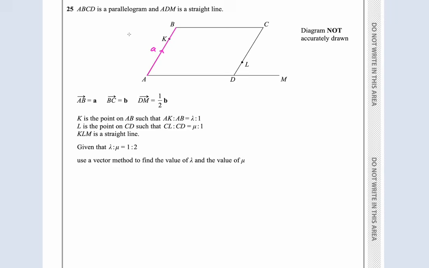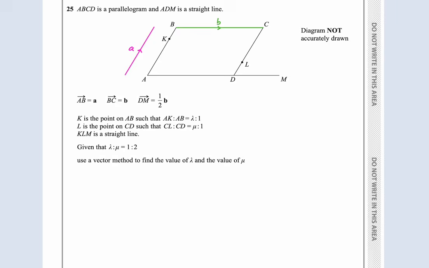Now, guys, I'm going to move the whole thing over here. It's still that vector, but I'm moving it over here just because there's a K there, and I want to put something else in here when I'm done. So that's a. b is BC, so this is from here to here. This is BC. This is b. And DM is a half b.